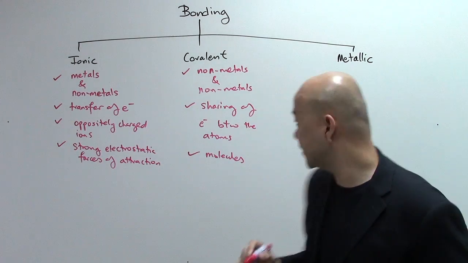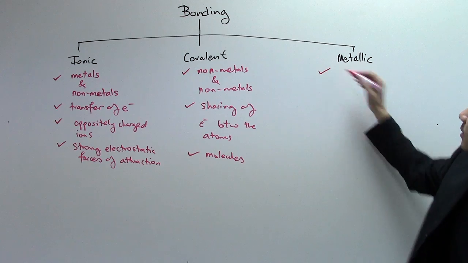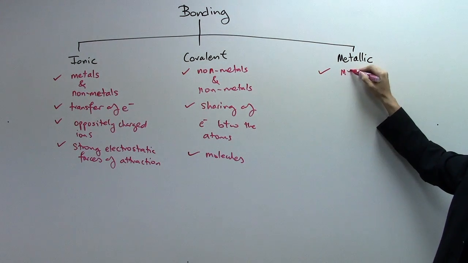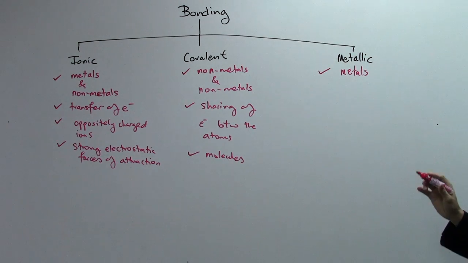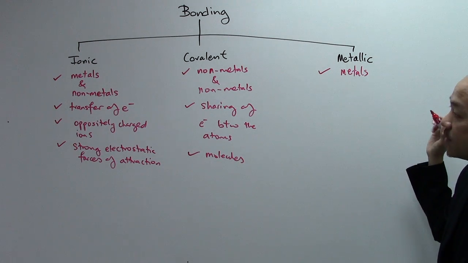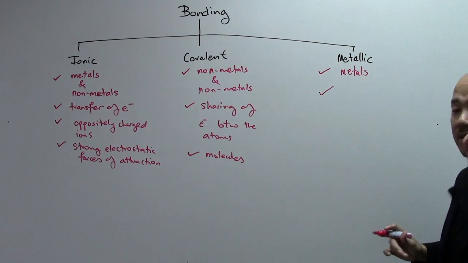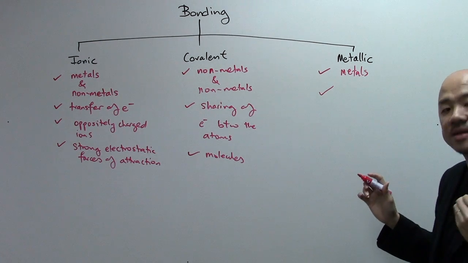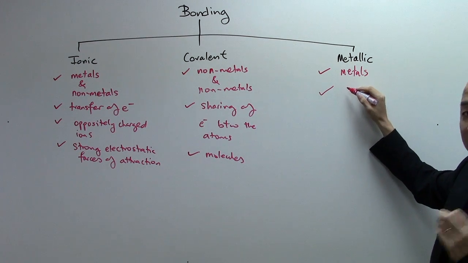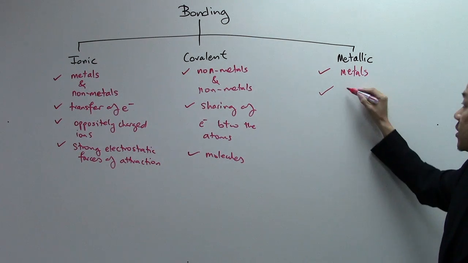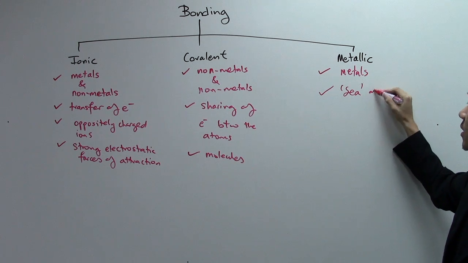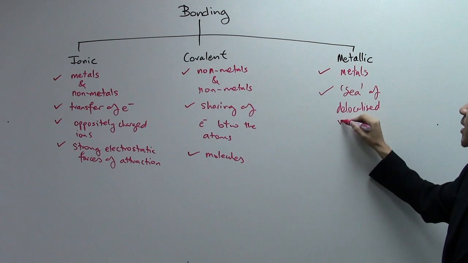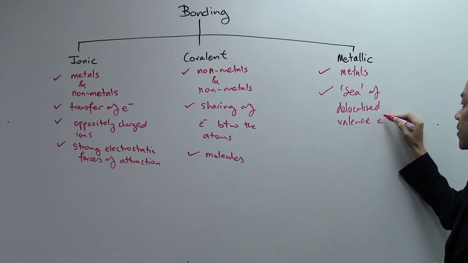Metallic bonding is slightly different. In metallic bonding, it literally involves only your metals. In fact, all metals will have metallic bonding. Now, what happens in metallic bonding is that the atoms that are involved, the metals, have valence electrons. And the valence electrons will be delocalized into empty spaces. We call them the sea of delocalized valence electrons.